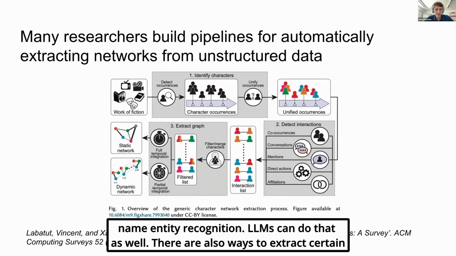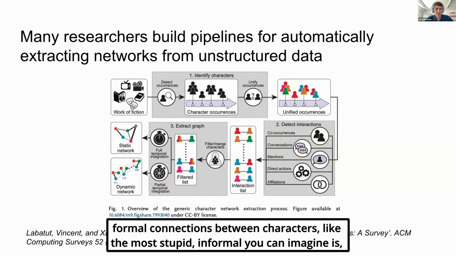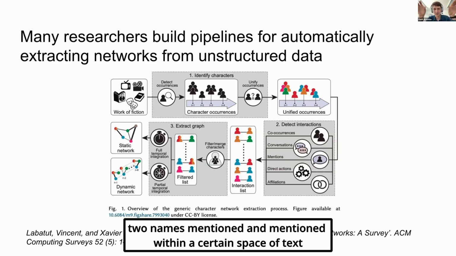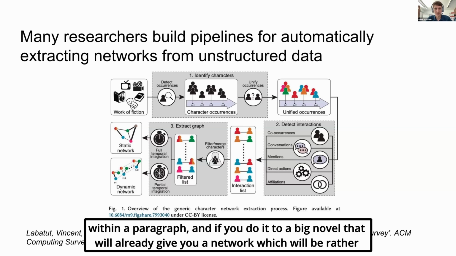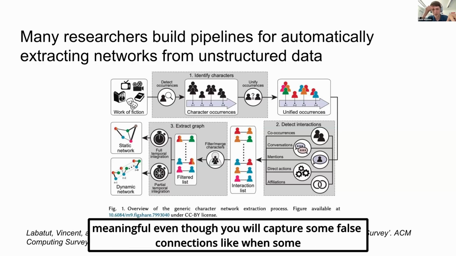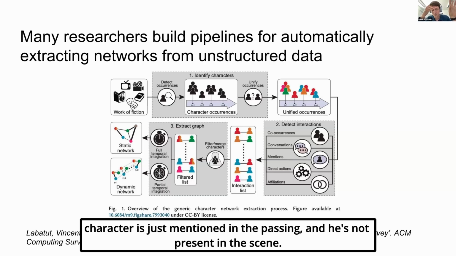There are also ways to extract certain formal connections between characters. The most stupid and formal you can imagine is two names mentioned within a certain space of text, like within a paragraph. If you do that to a big novel, that will already give you a network which will be rather meaningful, even though you will capture some false connections, like when some character is just mentioned in passing and is not present in the scene.